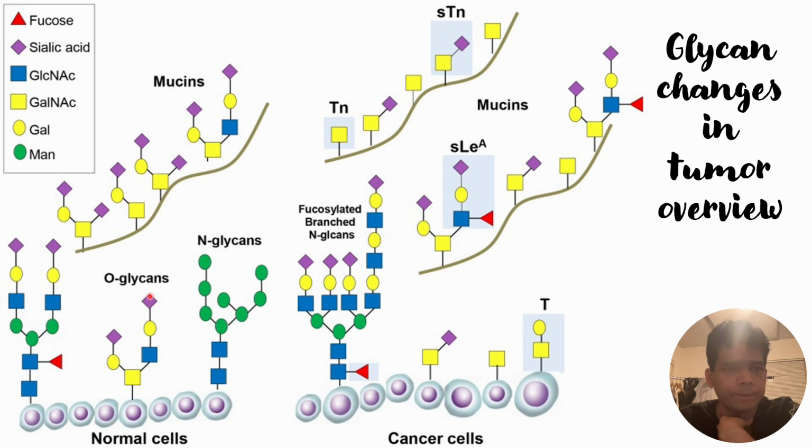In the case of this mucin, the glycans are sialylated, and in the normal case there is a presence of ST3GAL1, which helps in the addition of this galactose, and then the sialylation will occur afterwards.